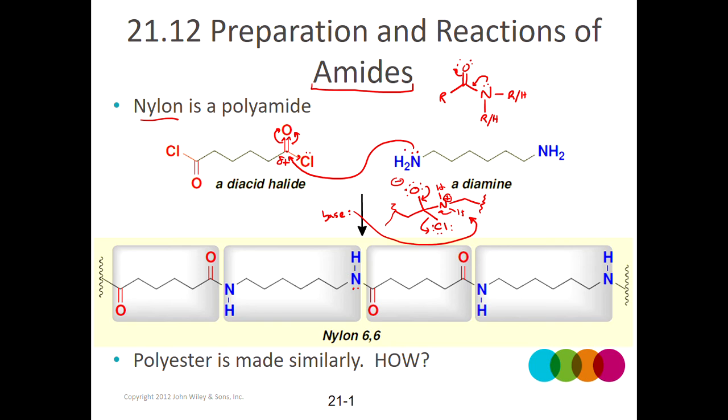And so if two of these connect and make one amide linkage, on one end there's going to be an NH2, and on the other end there's going to be an acid chloride. So the acid chloride can react with another molecule of this diamine and continue to build a chain in that direction. Meanwhile, the amine on the other end of the chain can react with another acid chloride.